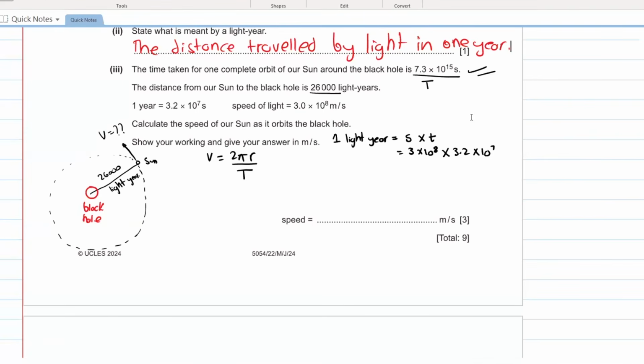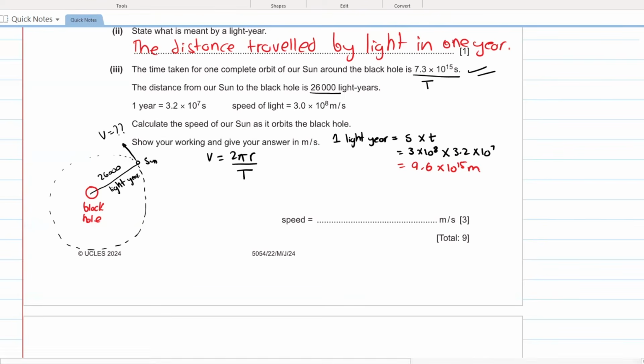3 into 10 raised to the power of 8 into 3.2 into 10 raised to the power of 7. The answer comes out to be what? 1 light year has a distance of 9.6 into 10 raised to the power of 15 meters.